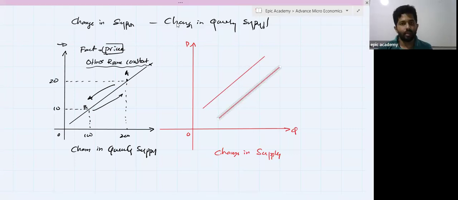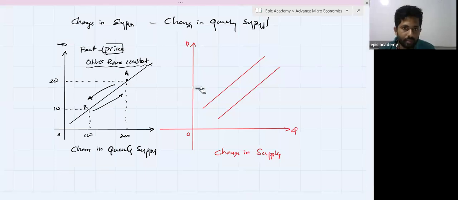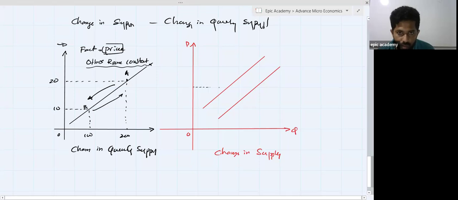Just consider the price of this certain commodity is not going to change. The price is 20 rupees.